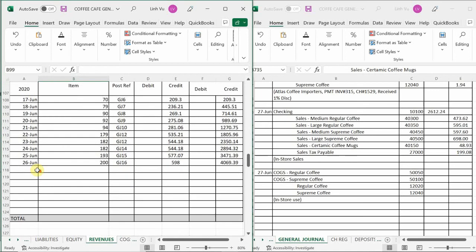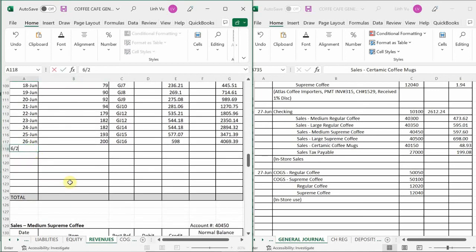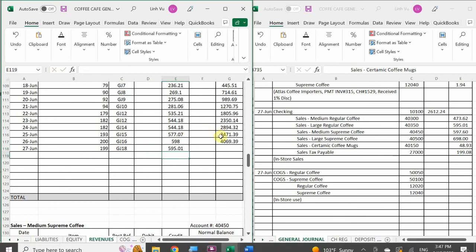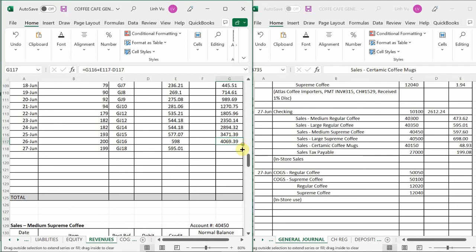And then regular large, we have a sale of 199 cups. Page 18, total is 595.01. That will give you a grand total of 4,466.40.